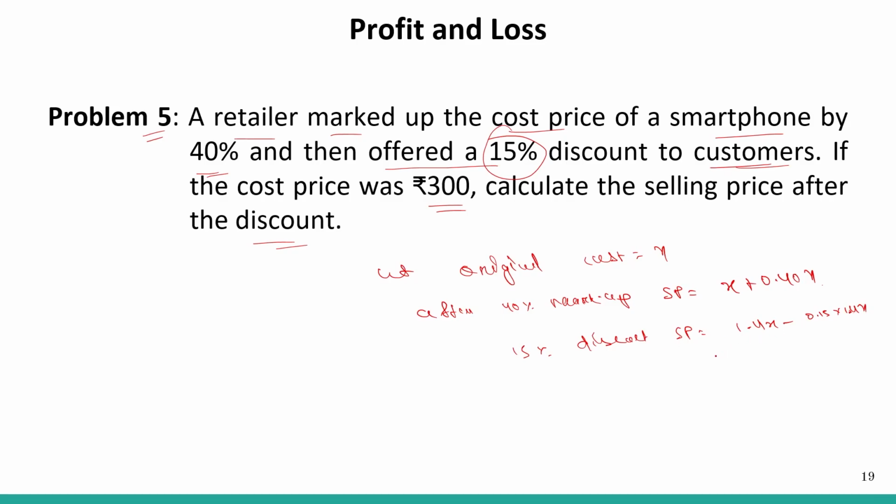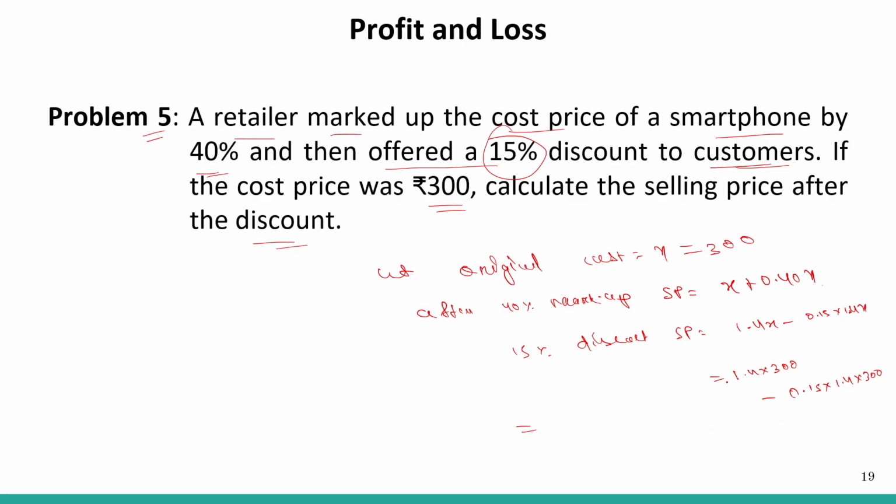So this will be the final selling price after 15% discount, over that markup price. So if the cost price was 300, then calculate the selling price. So given to us that cost price is 300. So this is equal to 1.4 into 300 whole minus 0.15 into 1.4 into 300.